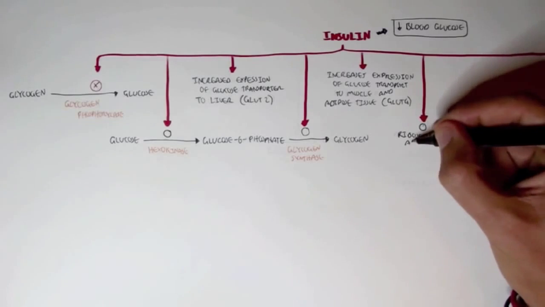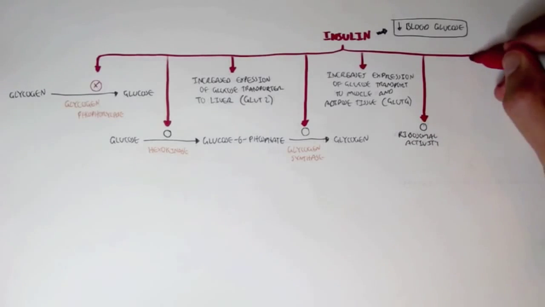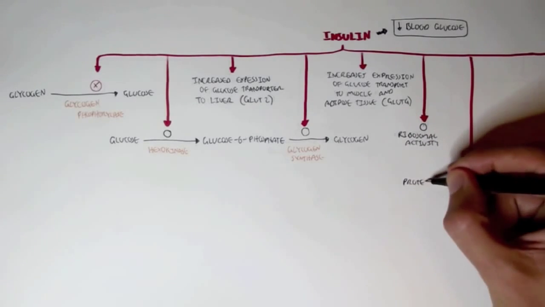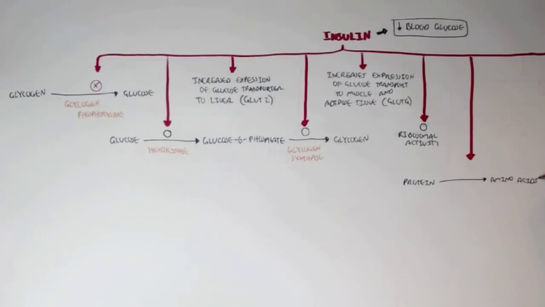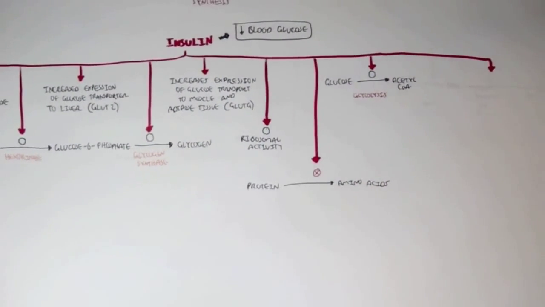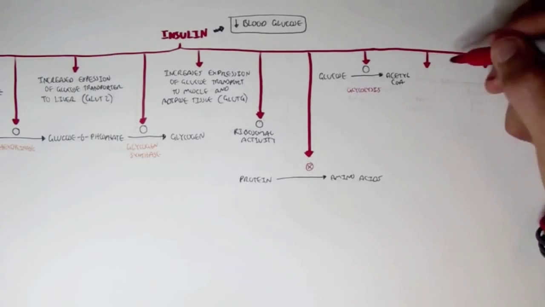Insulin also stimulates ribosome activity to synthesize proteins. So protein synthesis. Insulin also inhibits, particularly, protein degradation because it wants to store excess energy. It wants to store amino acids. Insulin also promotes the conversion from glucose to acyl-CoA.